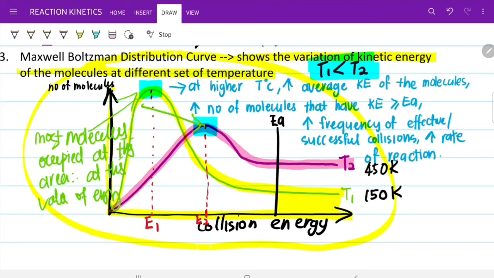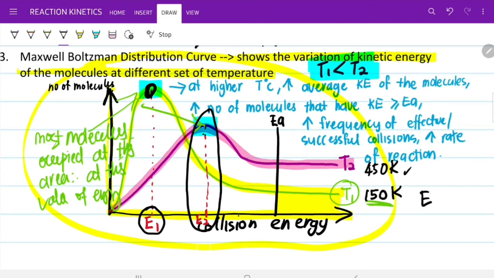That means at 150 Kelvin, which is your first peak at T1, most of the molecules have an average kinetic energy of E1, whereas at 450 Kelvin, most of the molecules have an average kinetic energy of E2. As you can see, E2 is greater than E1.